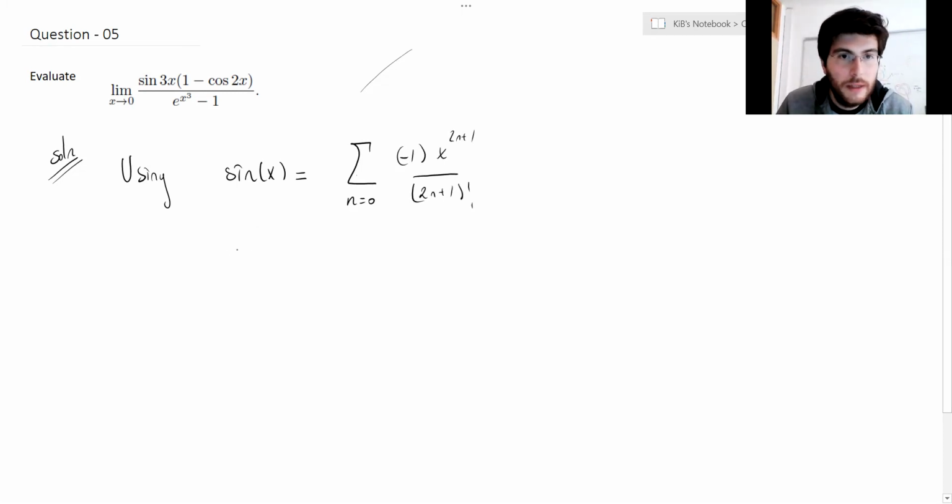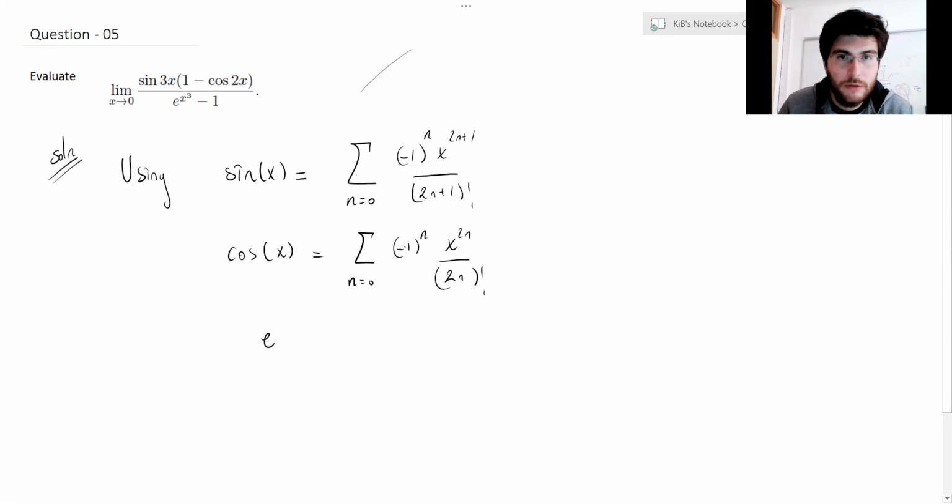What else do we need? We need, for instance, cosine x. And this is just the derivative of the first expression above. Minus 1 to the n, x to the 2n divided by 2n factorial. And what else do we need?